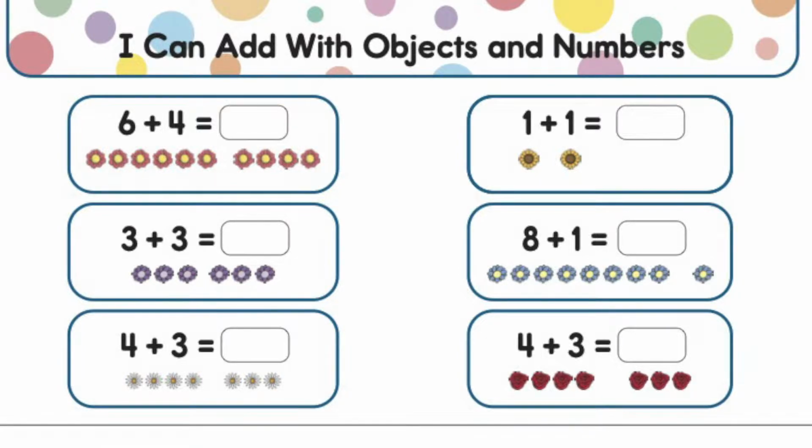We did the very first one. Let's do the last one there in the left-hand column, those flowers. If we count the first set, we have 1, 2, 3, 4. And if we count the second set, we have 1, 2, 3.